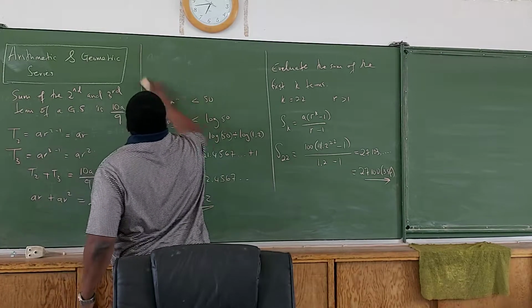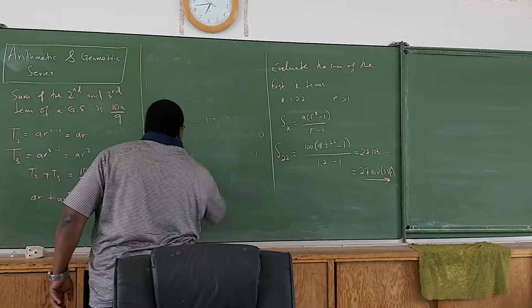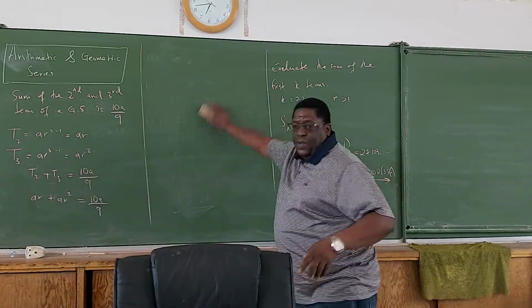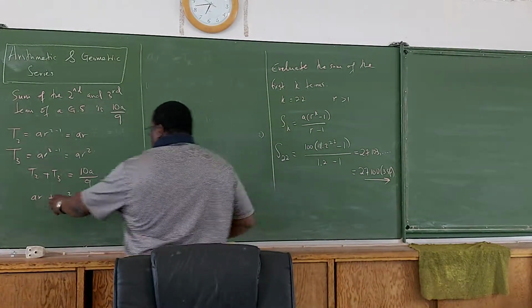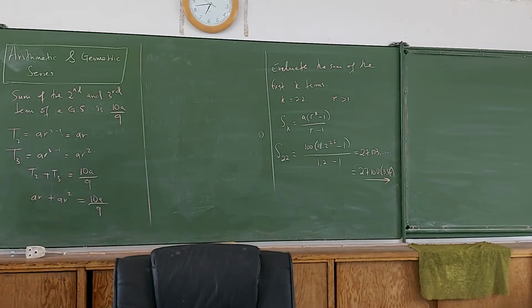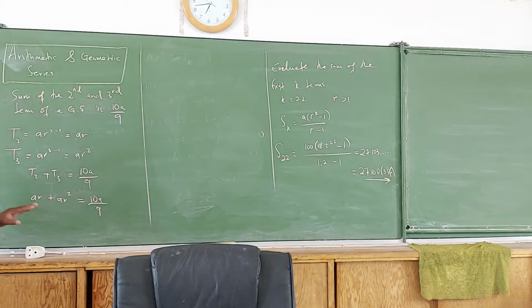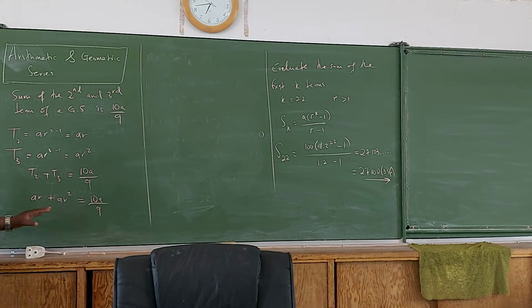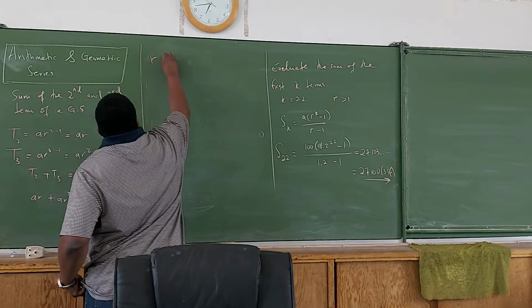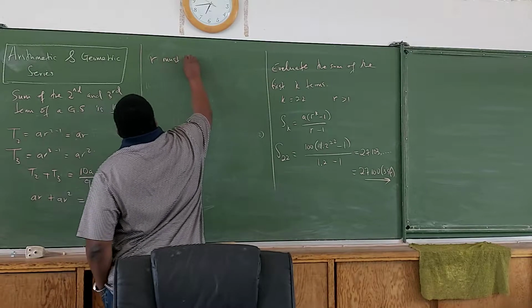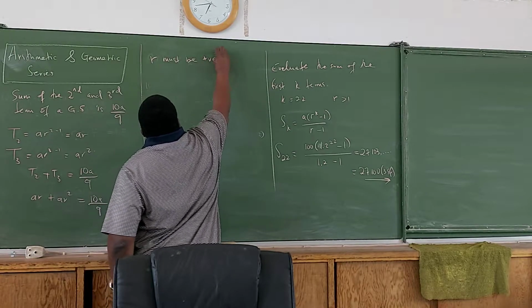Then it's going to be helpful, I believe you have done this part at least, taking out the a because we want to cancel the a, right? And also the question is saying that r must be positive.